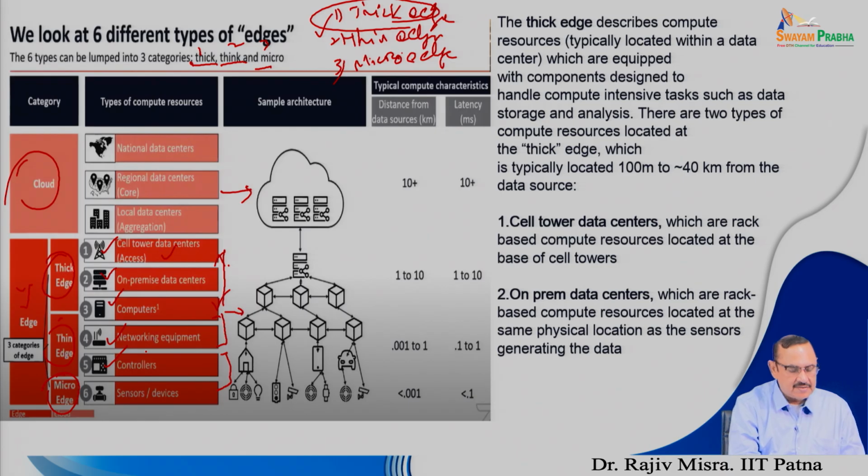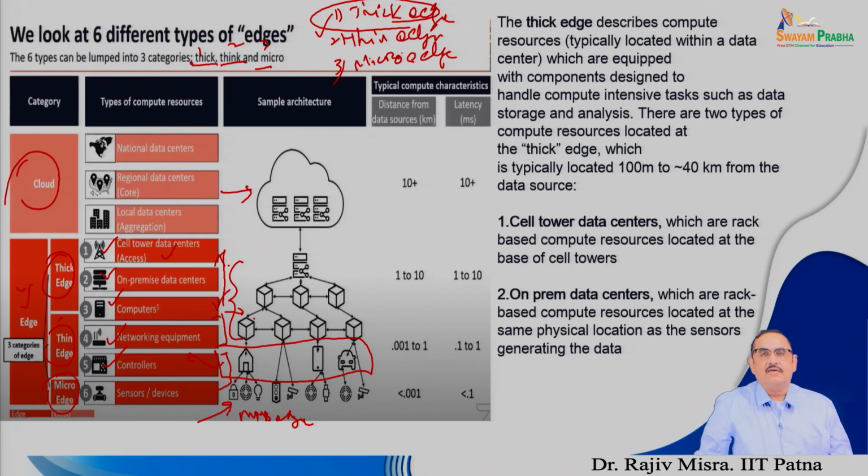Micro edge comprises of the sensors or the devices if they are being used. So, here this is the micro edge, and then network equipments and the controllers lie over here. This will become the thin edge, and the thick edge is the rest of the other data centers which are deployed.